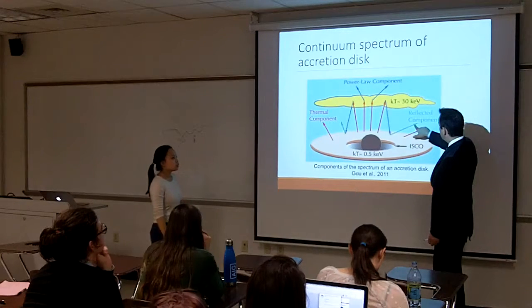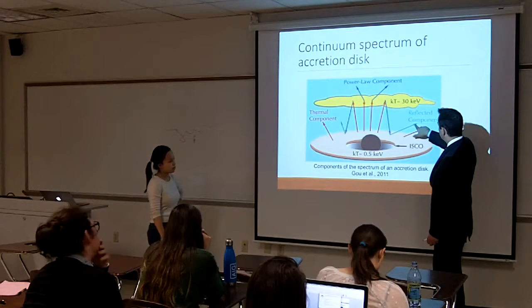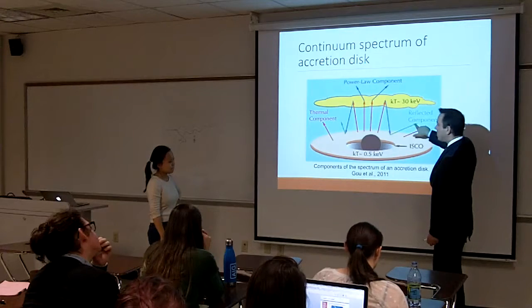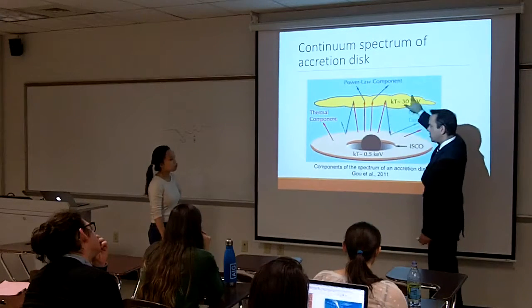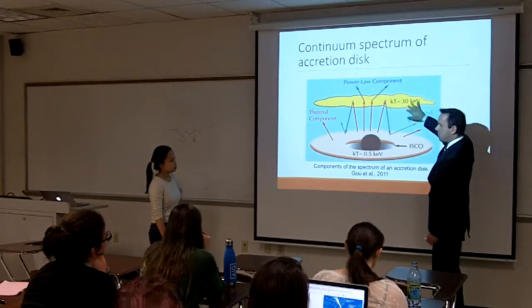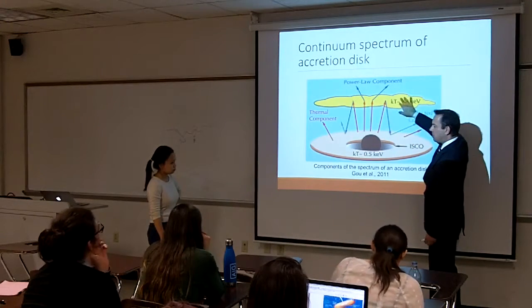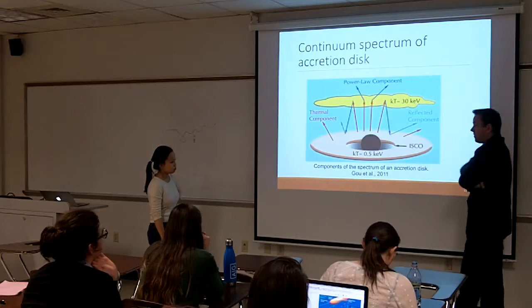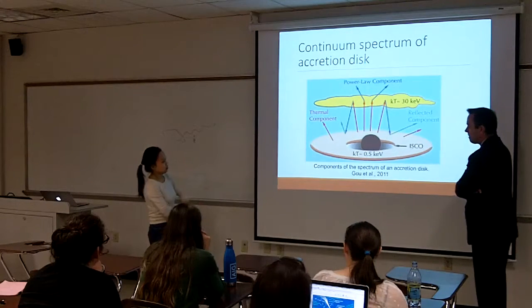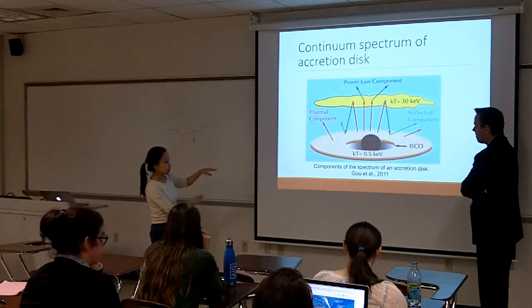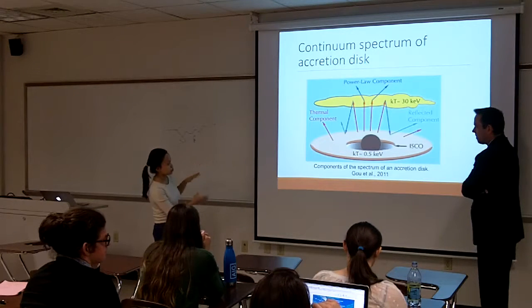This reflected light, how do we know it exists? Is it because there's a second temperature, that there are two temperatures? Yes, yes. And so people infer from the presence of two temperatures that perhaps there's a H1 cloud. It's just a very commonly used model for the continuum spectrum.